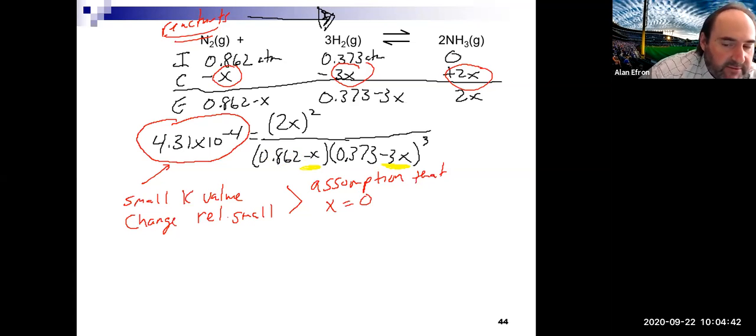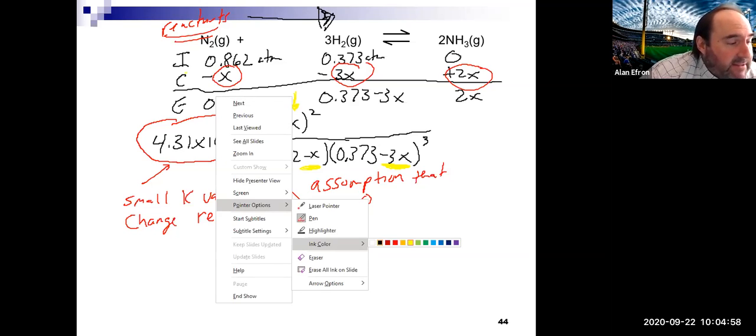It really will be just those two x's. We need to leave this x there so we have something to solve for. So when we make the assumption, you can't get rid of all the x's, just the x's we're subtracting from or adding something to.